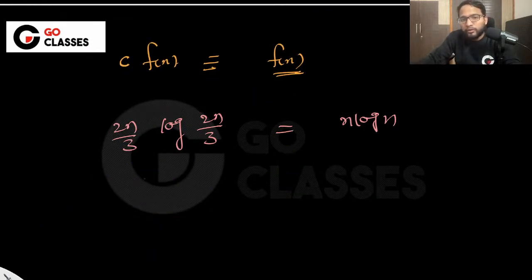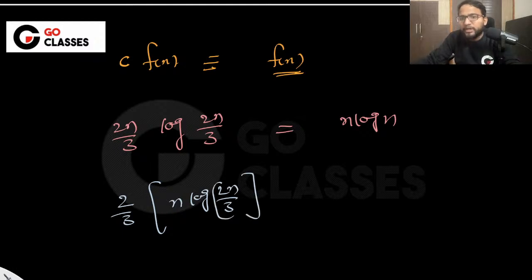So let's see if you can write it as c into n log n. This 2/3 in front is redundant, so you don't need to worry about it, because it is just a constant multiplying the function. So you can definitely remove this 2/3. But the 2/3 in between might be of little interest to us, so let's see if you can remove this 2/3.